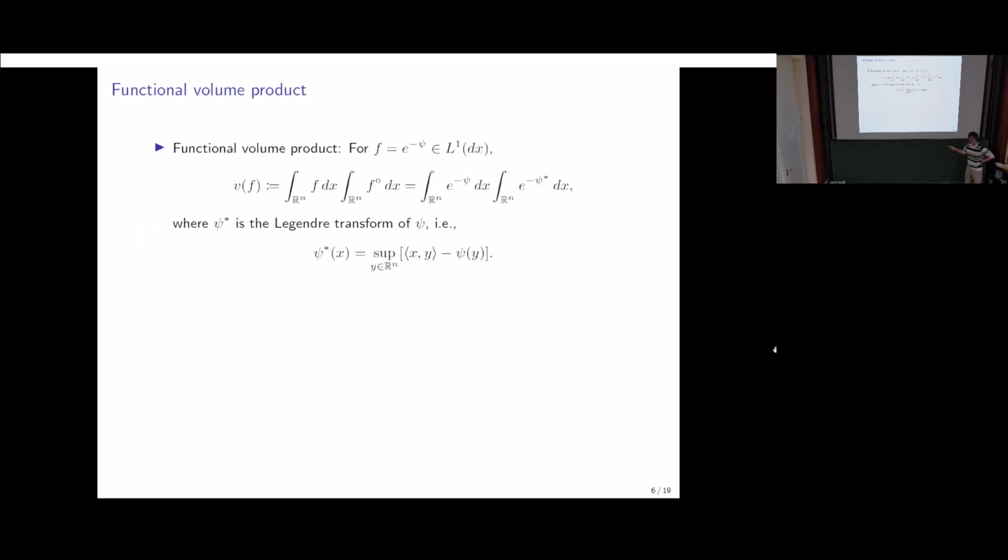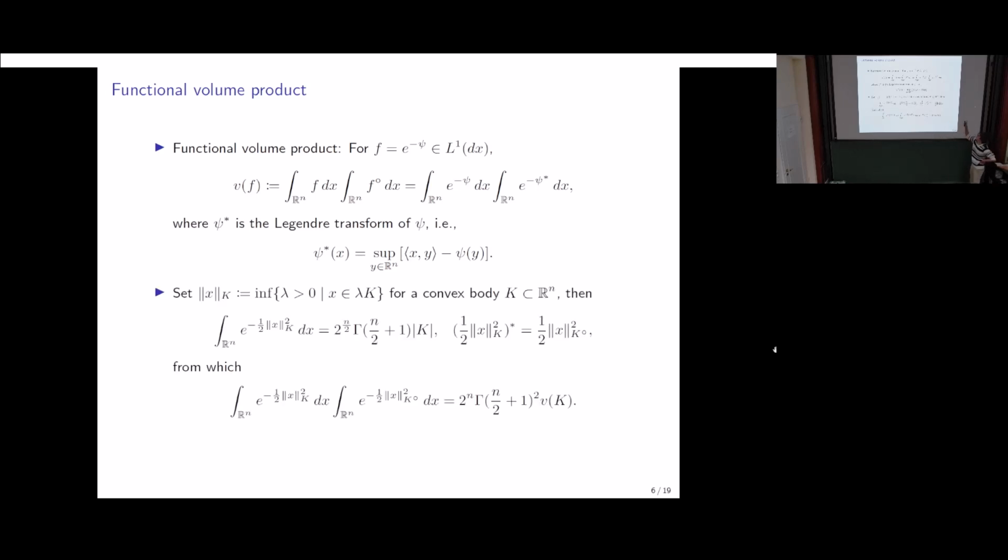Next let me explain the functional volume product. It is defined by the product of the integral of f and the integral of f circle. Especially if f is given by e^{-psi}, then f circle is given by e^{-psi star}, where psi star is the Legendre transform. This functional volume product is related to the volume product for sets.